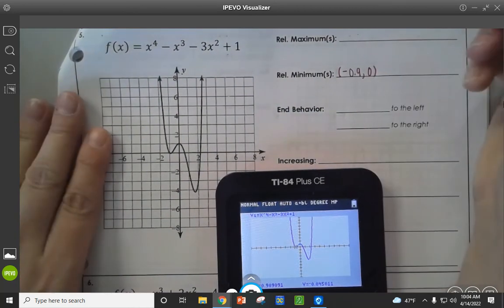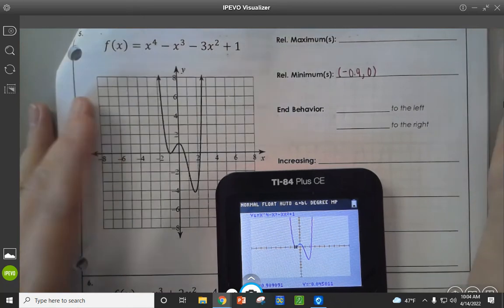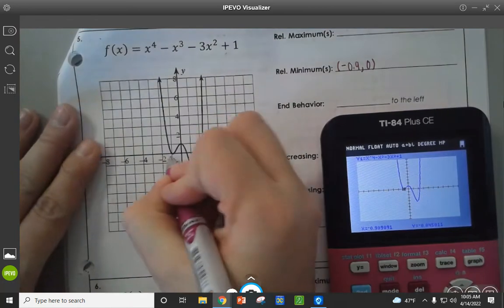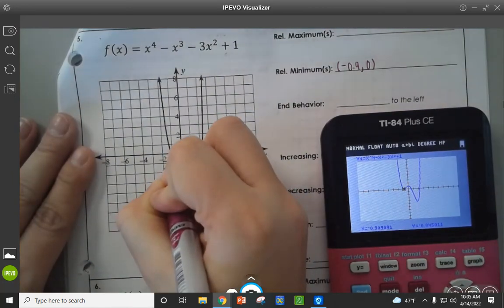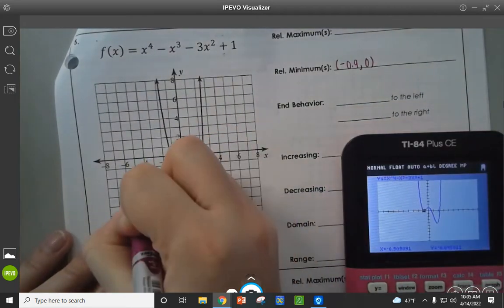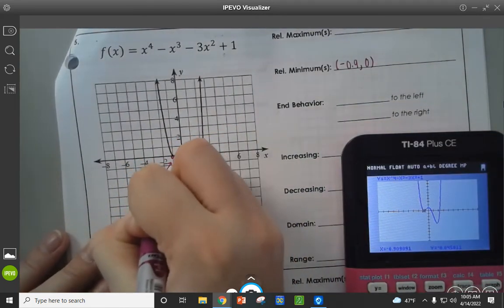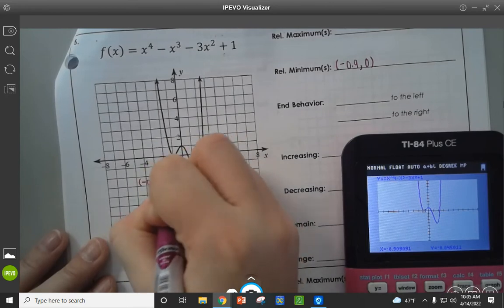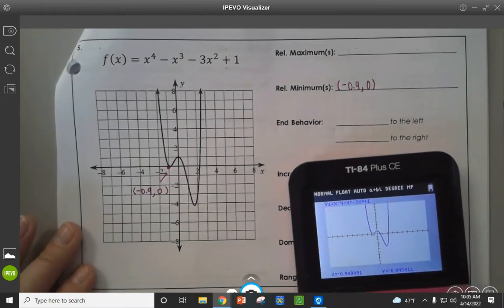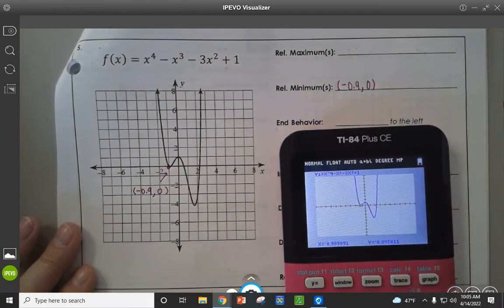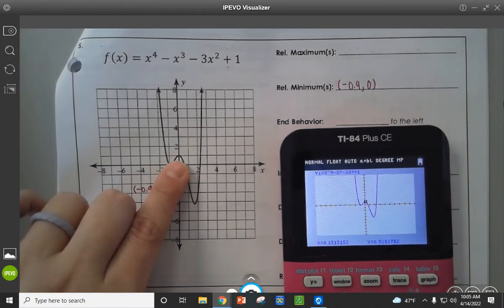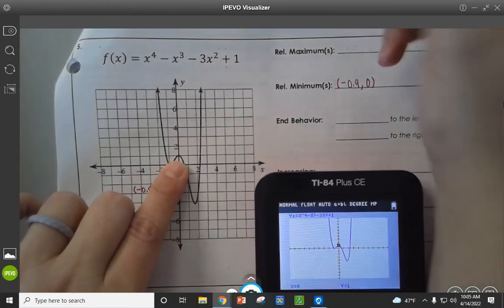If you want to put negative 0.05, you can do that too. That's going to help if you actually put that over here. It makes it a lot easier when you're doing your increasing and decreasing. And then I'm going to arrow over to this maximum, which is the point 0.01.